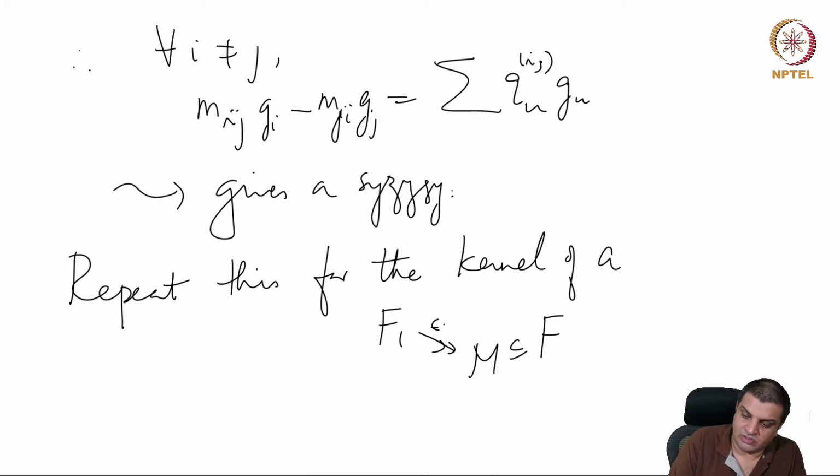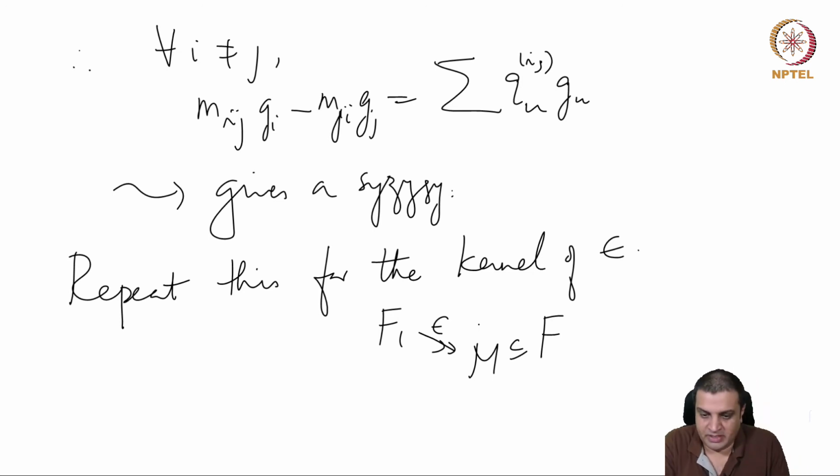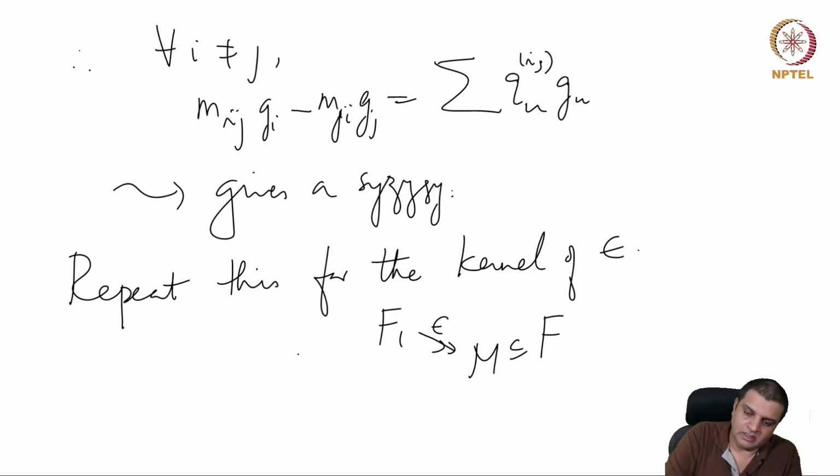Let's just call this map epsilon. Repeat this for the kernel of epsilon. This tells us the kernel of epsilon, and then we repeat the same: compute a Gröbner basis and so on, and then repeat this, and that would give us a free resolution.